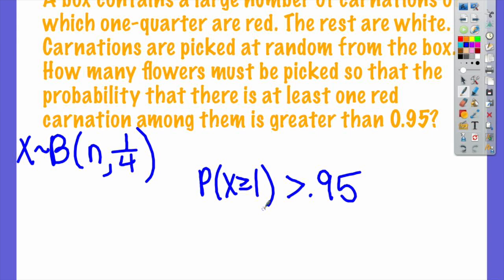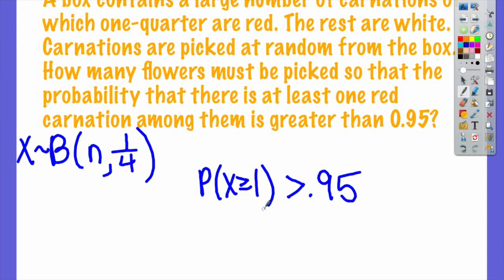What's the issue? Do we know how many are in this box? No. So we have to look at the complement, which is what?